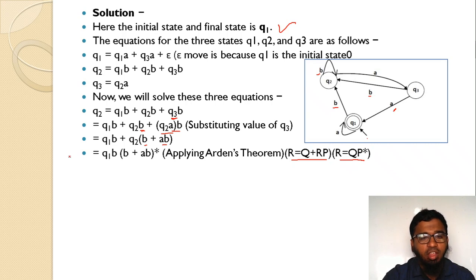So here, Q2 is representing R, Q1B is representing Q, and B plus AB is representing P.